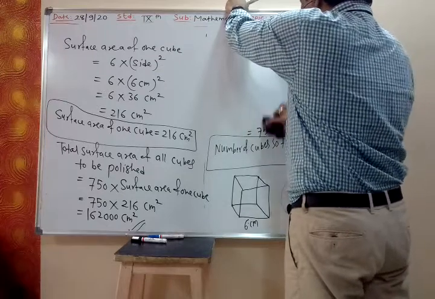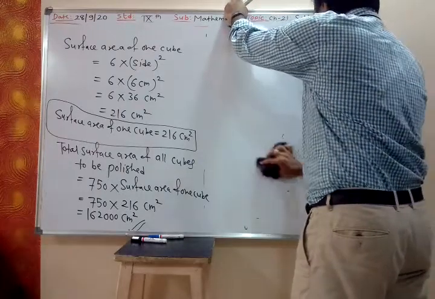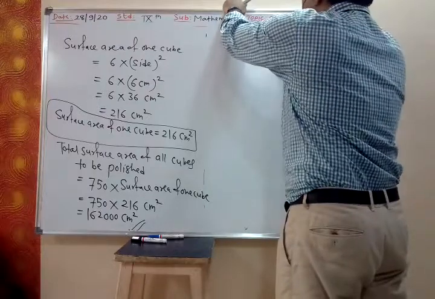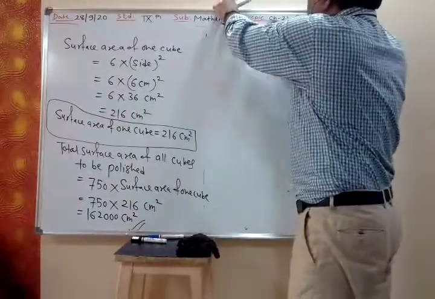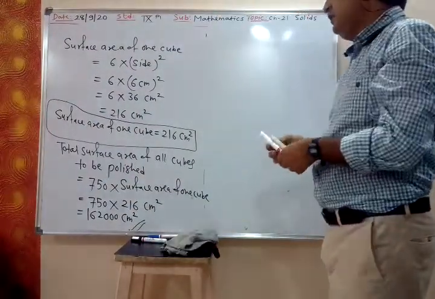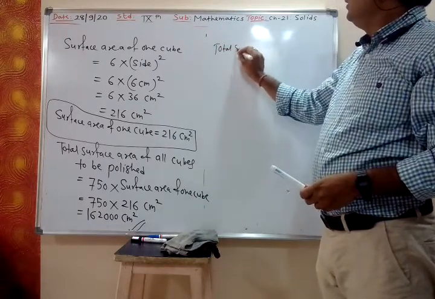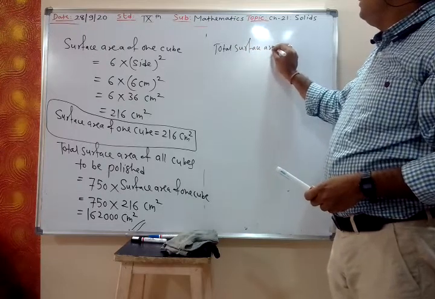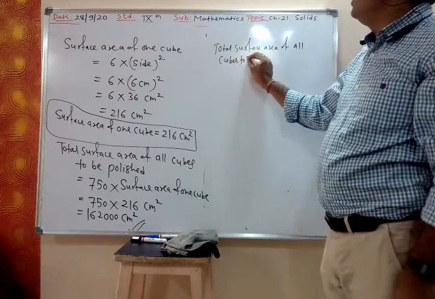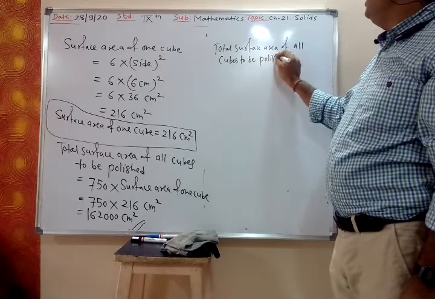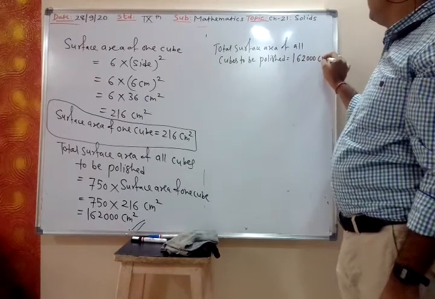We'll convert at the end. Right now we do not convert. So the total surface area of all cubes to be polished is 1,62,000 centimeter square.